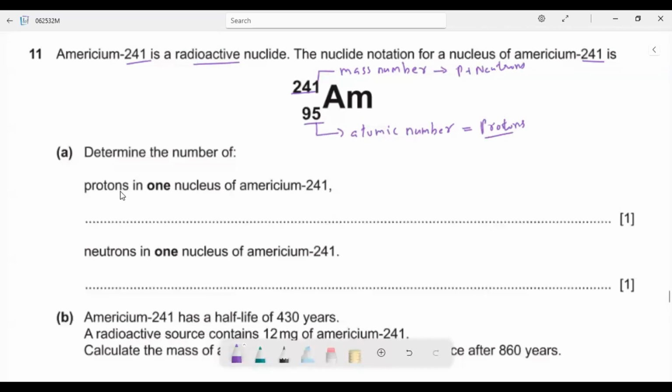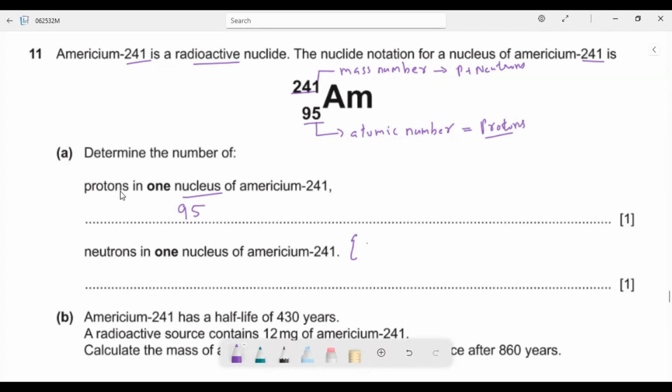Determine the number of protons in one nucleus. So the number of protons we can take directly, that is the atomic number, that is 95. And neutrons in one nucleus. Here the mass number is given. Mass number means the number of protons plus the number of neutrons.